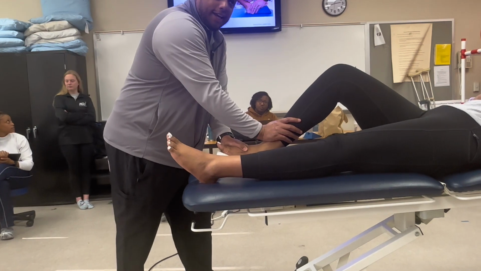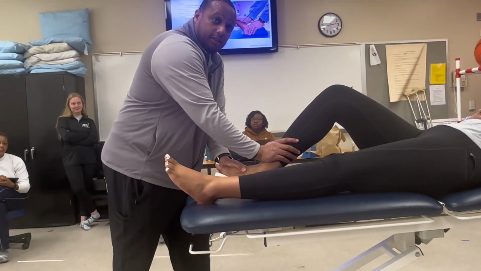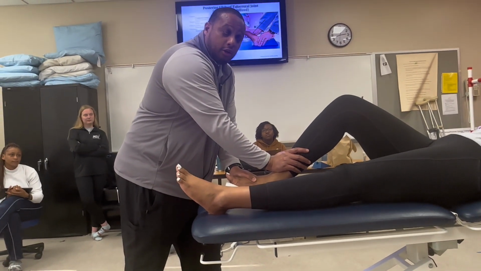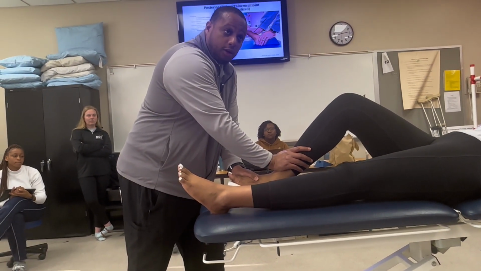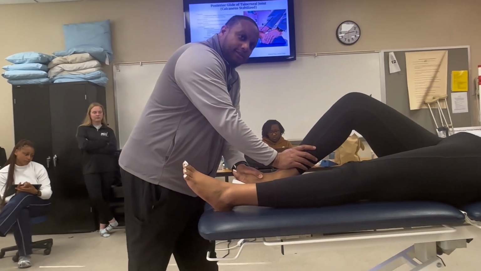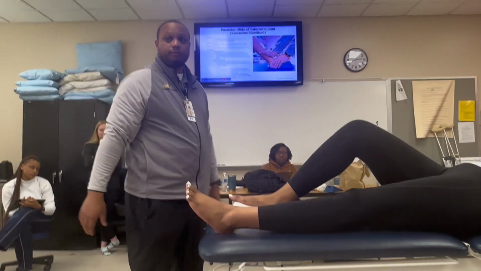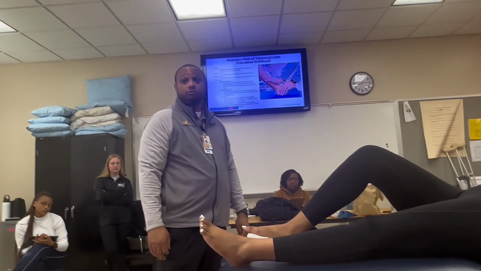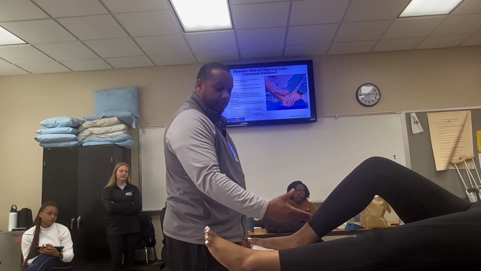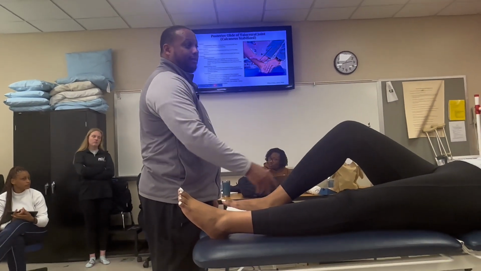So if I'm mobilizing concave on convex, then the ligament tightening or joint capsule tightness, whatever you want to call it, is going to be from the opposite of the mobilization force. So it's going to be anteriorly. Now the talus is gliding anteriorly, but we're referencing the joint surface that I'm mobilizing.